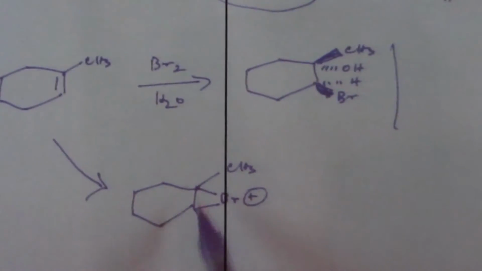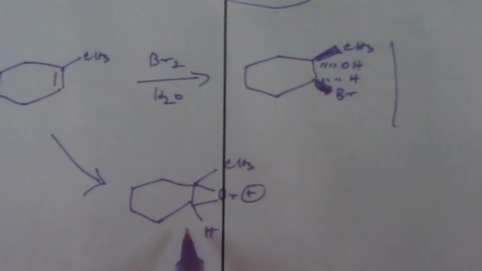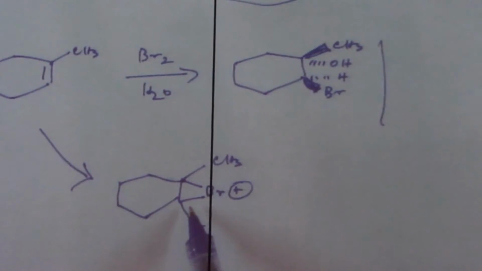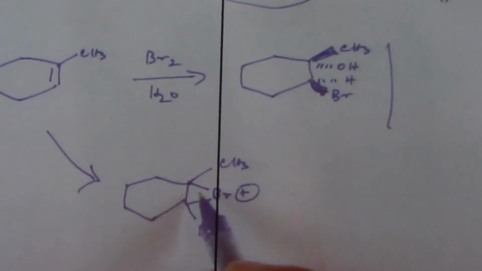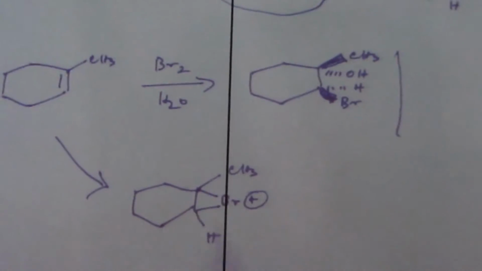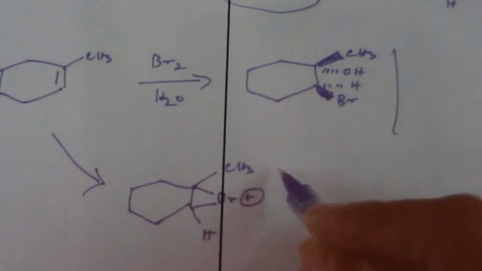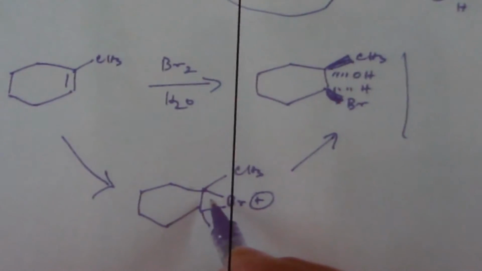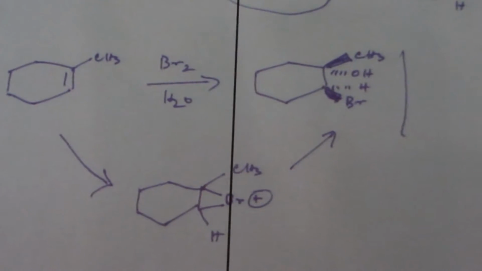If you break the bond here, when the bromine is attached to the top carbon, then you get a secondary cation. If you break the bond here, you get a secondary cation, but if you break the bond here, then you are going to get a tertiary cation. As a result, that is a preferred way of breaking the bond, and as a result, you end up with the OH group attaching to the top and not the bottom.